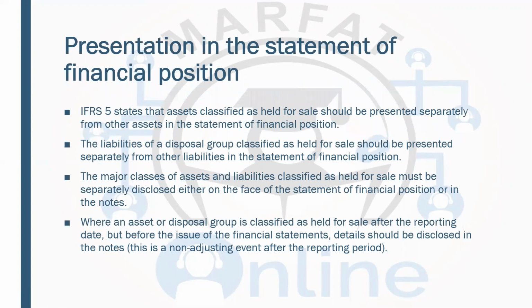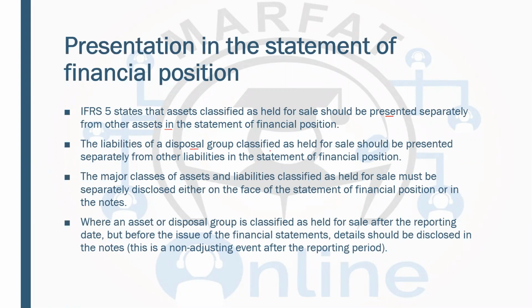And then we have the presentation in the statement of financial position. We know that once the asset is classified as held for sale, you're going to de-recognize it from the non-current asset and will be recording it under the current asset. So IFRS 5 states that the asset classified as held for sale should be presented separately from other assets in the statement of financial position. We already know that.